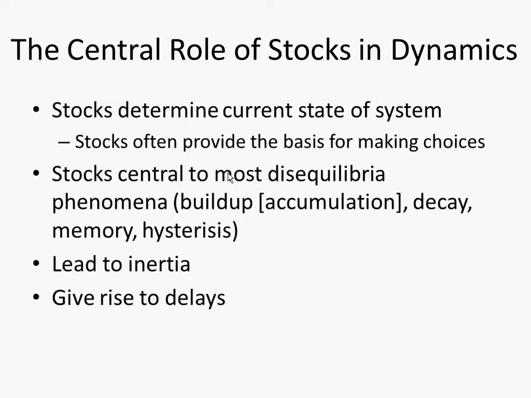Another example of inertia is a case for a student who just graduated. She was looking at the population of people. She was modeling a system where people have diabetes, and they develop over time something called end-stage renal disease, which is where their kidneys fail.